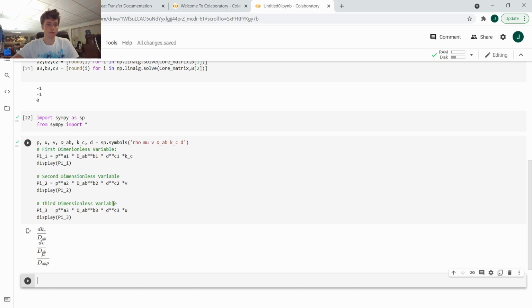And our third dimensionless variable, we were hoping it would be the Reynolds number because that's the dimensionless variable that Sherwood and Gilliland used, but it's not. We have the viscosity over the density over the diffusivity, which is just the kinematic viscosity over the diffusivity. That is the Peclet number, I think.